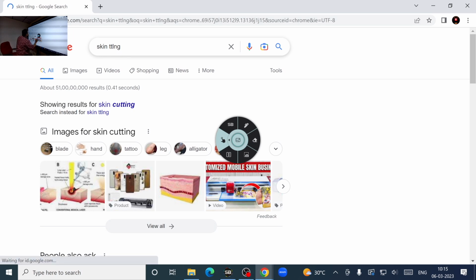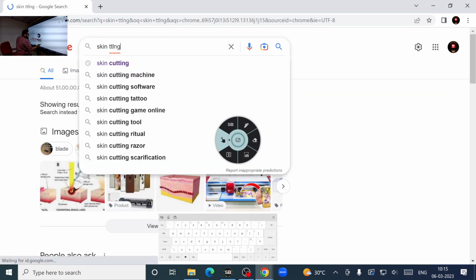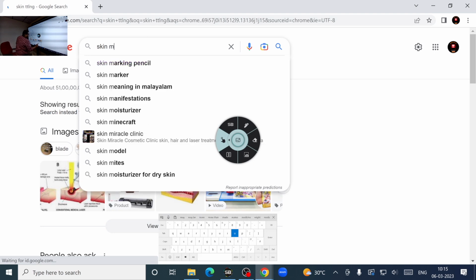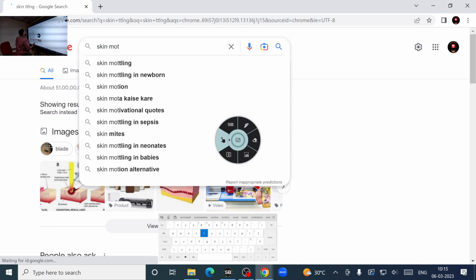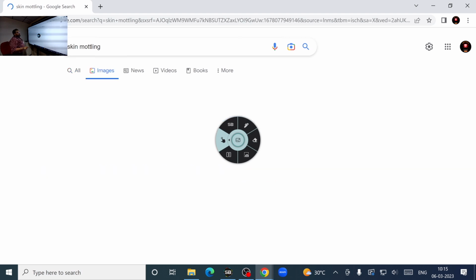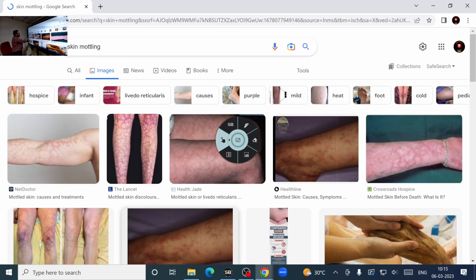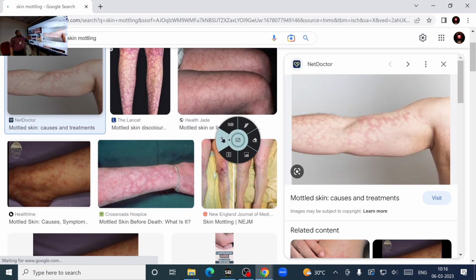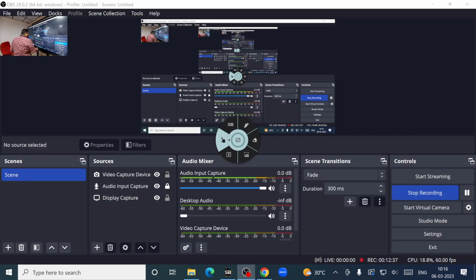See the images here. It is very easy for dark-skinned people to see skin mottling in the image, but it is difficult to see the clarity here. This is how skin mottling will look. So we have to look for any evidence of skin mottling. That is the most important thing.